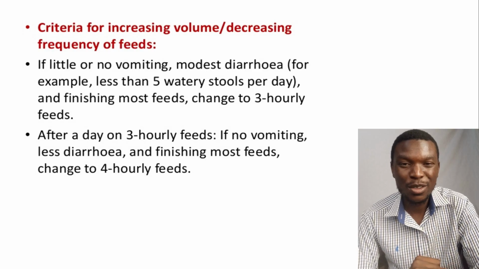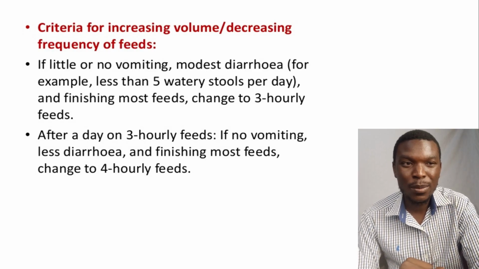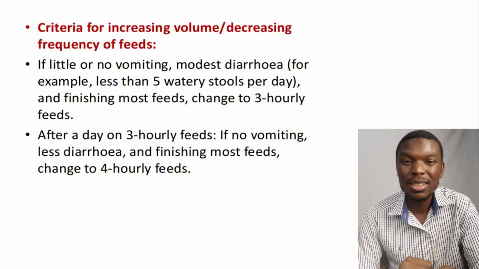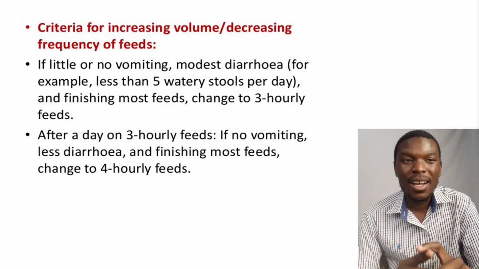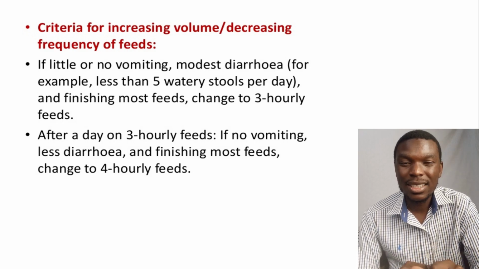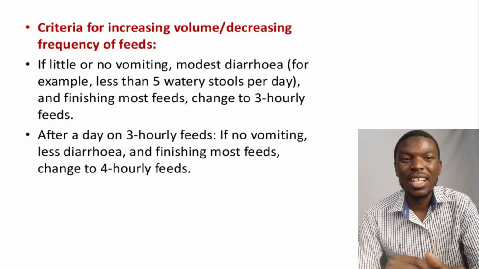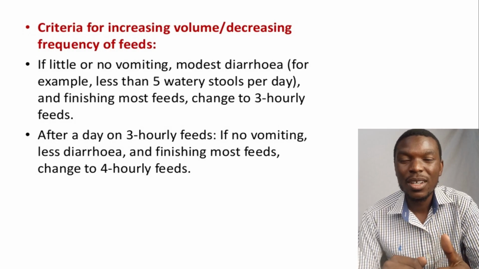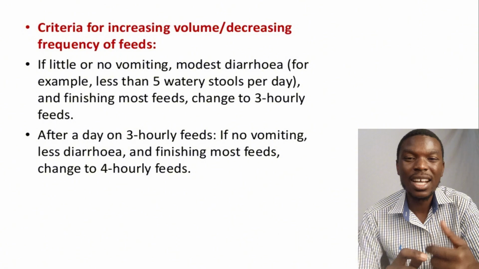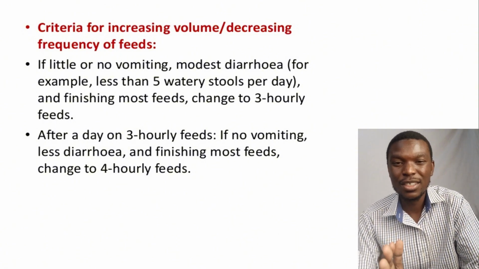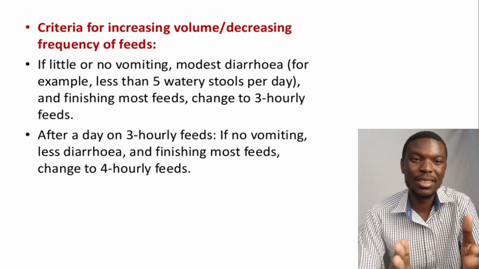Like I had said before, the child is able to eat most of the feed, is not vomiting or is vomiting little, has modest diarrhea, less than 5 watery stools per day. Then you can increase the period you are giving these feeds. So from 2 hours, you can increase to 3 hours.